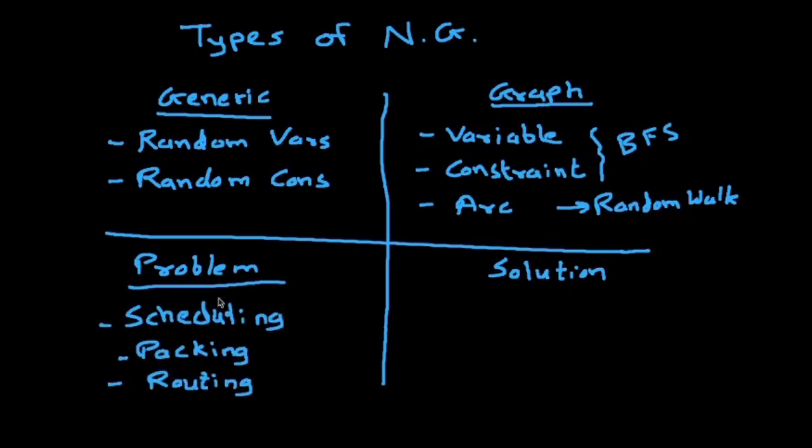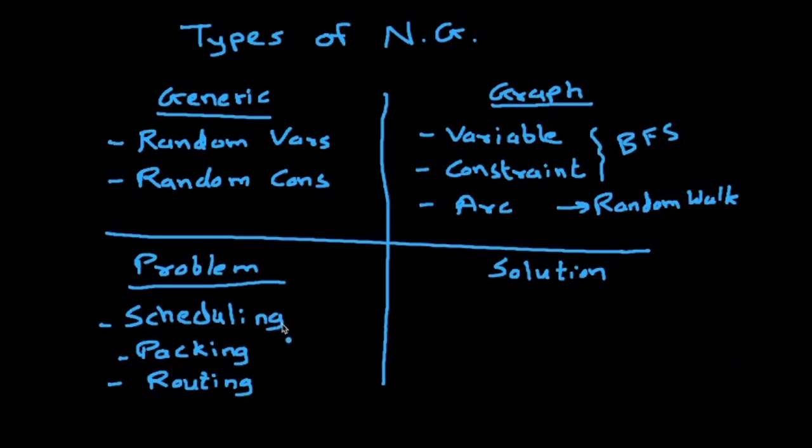The next category is problem specific neighborhood generators. I don't have much expertise in these different types of problems, which are scheduling problems, packing problems, or routing problems, but there are specific neighborhood generators for them. For example, for scheduling, there is a scheduling time window neighborhood generator or random interval scheduling neighborhood generator. Obviously these scheduling problems involve specific types of constraints, such as interval constraints and no overlap constraints.